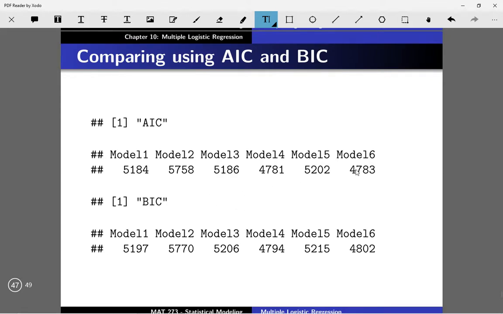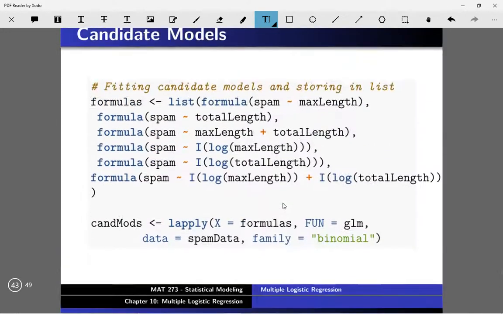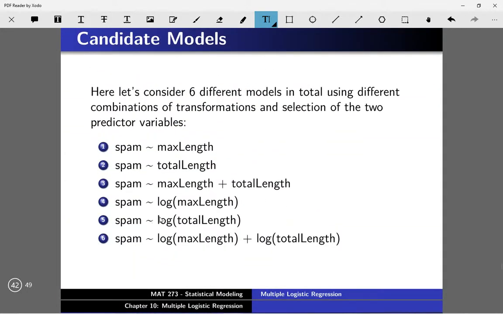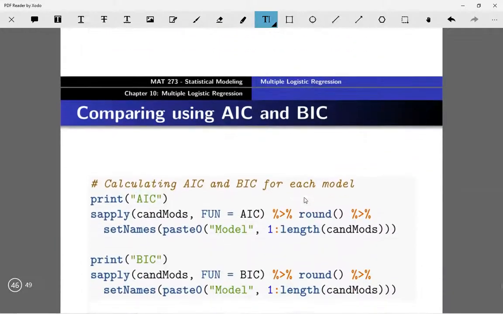Here, that is very close, but it is model 4 again. So AIC and BIC both imply model 4 is the best, which aligns with cross-validation here. That's great. We have a nice cohesive story. Model 4 is our best, which is the log max length model. Okay.